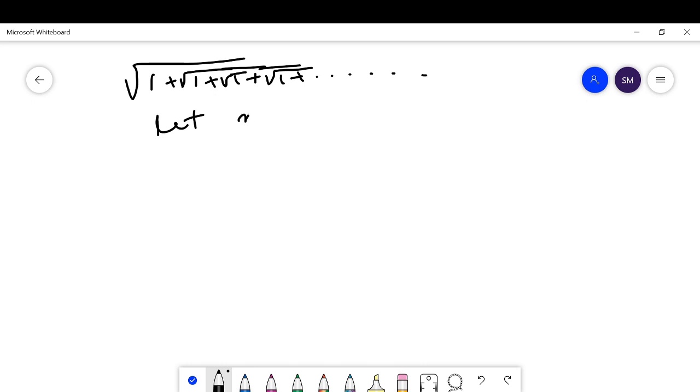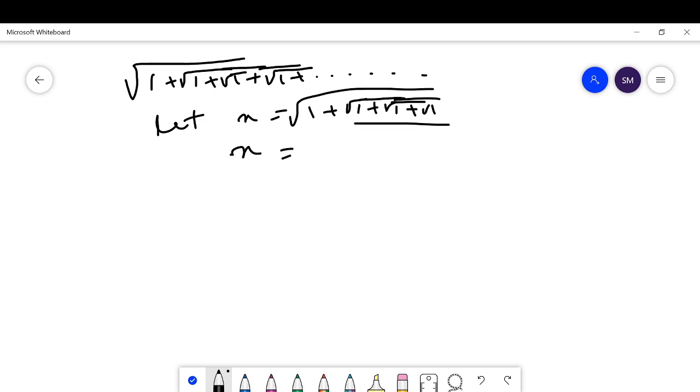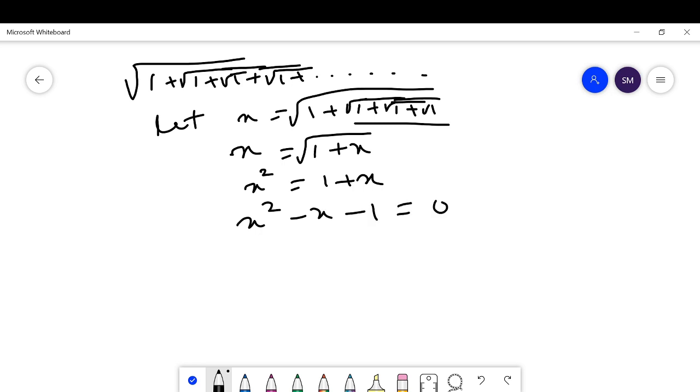Let x equal to 1 plus square root of 1 plus square root of 1 plus square root of 1. Okay, 1 plus this. Then x equal to, this is also x, 1 plus square root of x. You can write like this. Then squaring both sides, you get x square equal to 1 plus x. Then x square minus x minus 1 equal to 0.